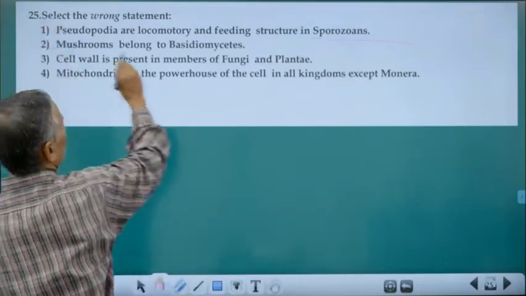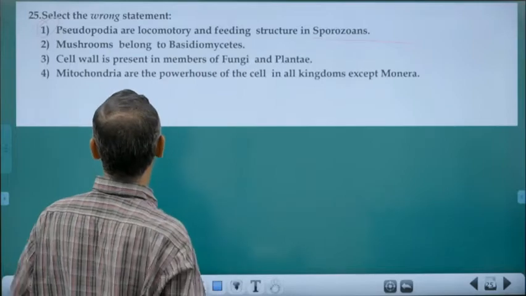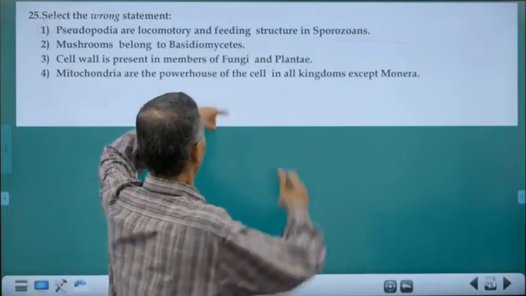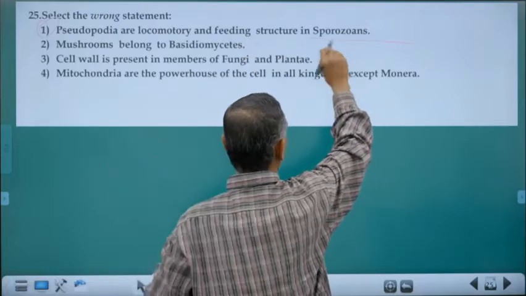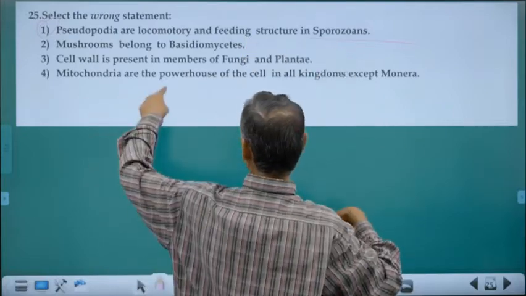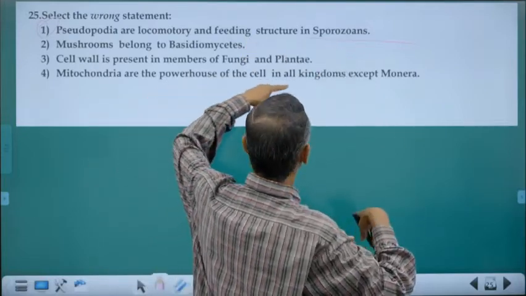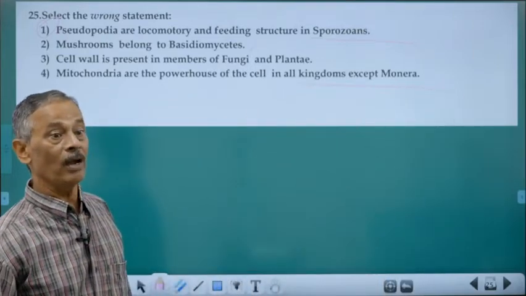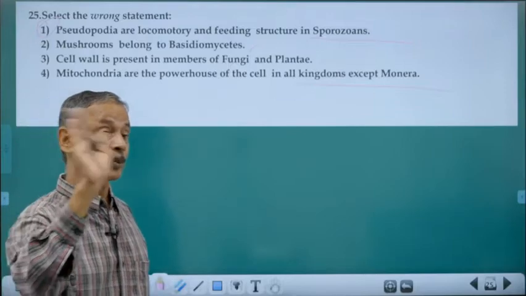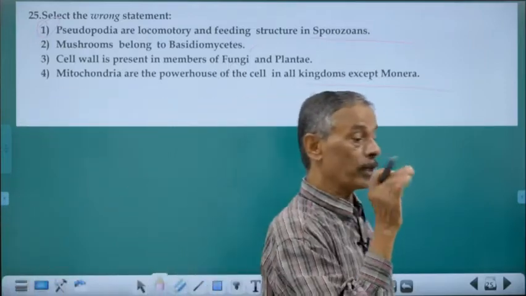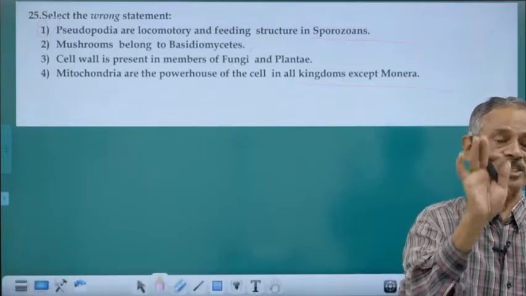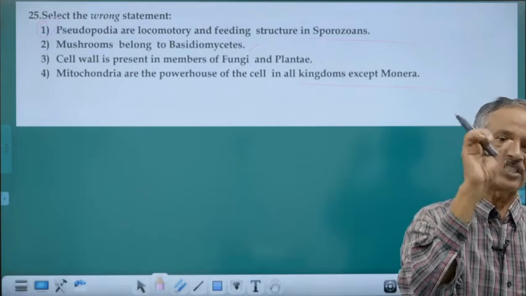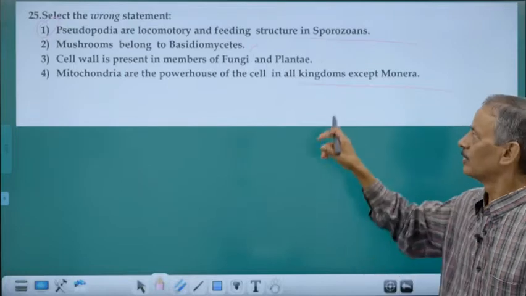Mushrooms belong to Basidiomycetes, that's correct. Club fungi. Cell wall is present in members of fungi. We are having chitin, and in plantae, cellulose. Mitochondria are the powerhouse of cell in all kingdoms except Monera. Why in Monera? Monera include prokaryotes. In prokaryotes, there is no mitochondria or any membrane-bound structure like nucleus, Golgi complex. Such structures are absent.